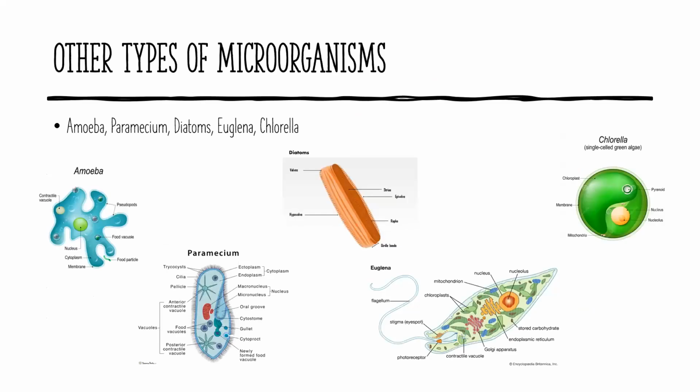Now, when we're talking about other types of microorganisms other than your fungi and bacteria, there are going to be a lot of microorganisms that come under this parameter. However, the microorganisms mentioned here are going to be these 5 specific microorganisms about which you don't need to get into the detail, but you should know the names, which are the amoeba, the paramecium, the diatoms, the euglena, and the chlorella.